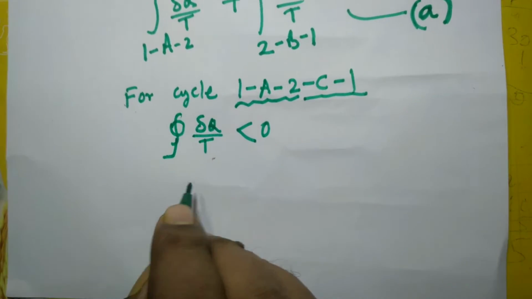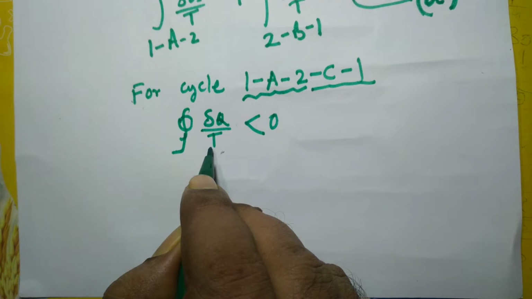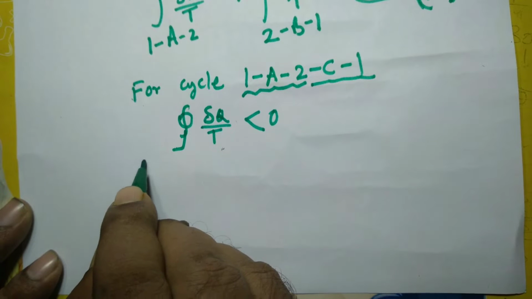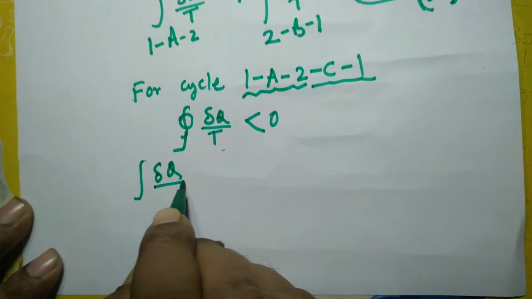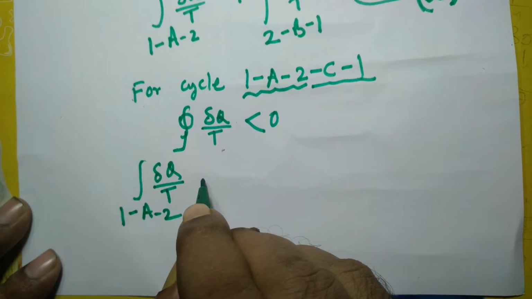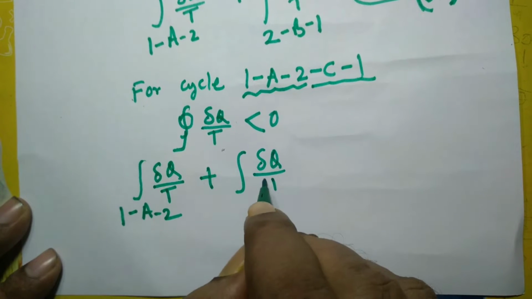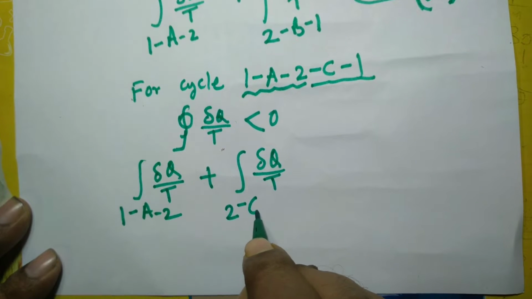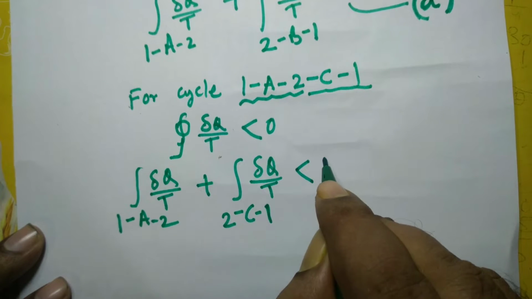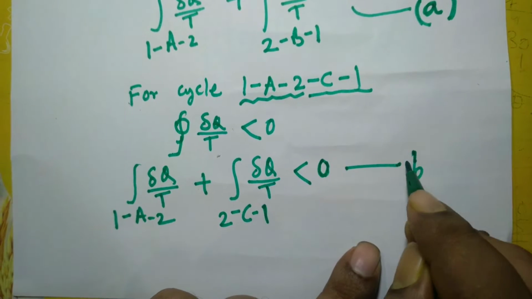Replacing this integral by the addition of two terms, it will be del q by T along 1A2 plus del q by T along 2C1, an irreversible process, is less than 0. Suppose this is equation B.